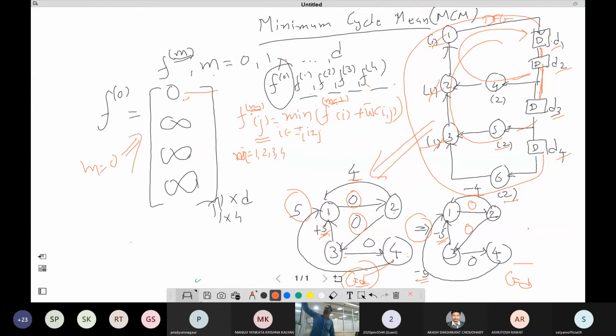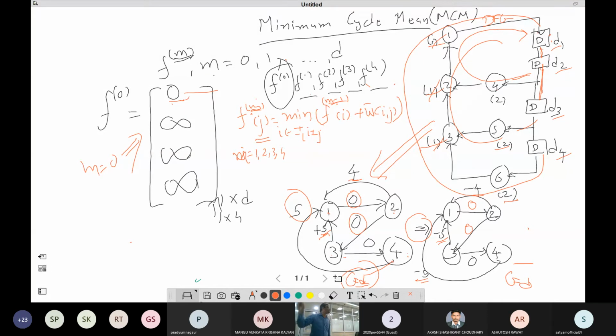If f of 0 is all infinite, then f of 1 would also come out infinite, so I cannot solve the problem. Just to ensure that I get some finite value, I need to take one element as 0. Usually in a book they prefer the first element as 0, but it is not necessary. Out of 4, any one you can take as 0.